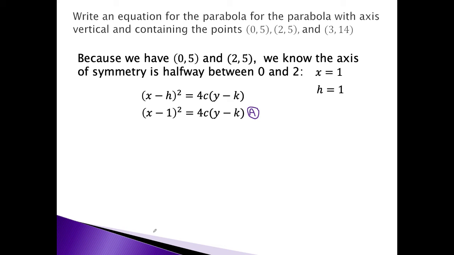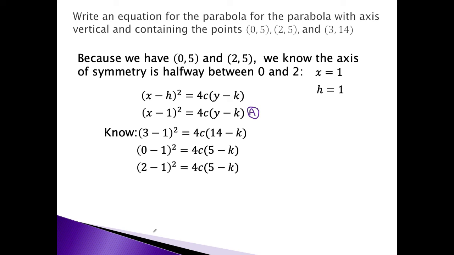Putting in all 3 points, we have 3 minus 1 squared equals 4c times 14 minus k. We have 0 minus 1 squared equals 4c times 5 minus k. We have 2 minus 1 squared equals 4c times 5 minus k. Now, using these 3 equations, we need to find c and k.